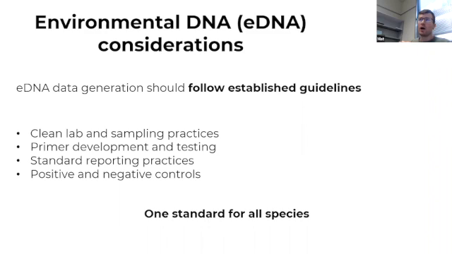For example, when I go out to sample eDNA from a given site, I always take with me a negative control. For water, I will take out an autoclaved liter of water that serves as a negative control, and I will process that at the same point that I process my other samples. Positive controls are also nice, especially if they give a stronger assurance that what you have is working.